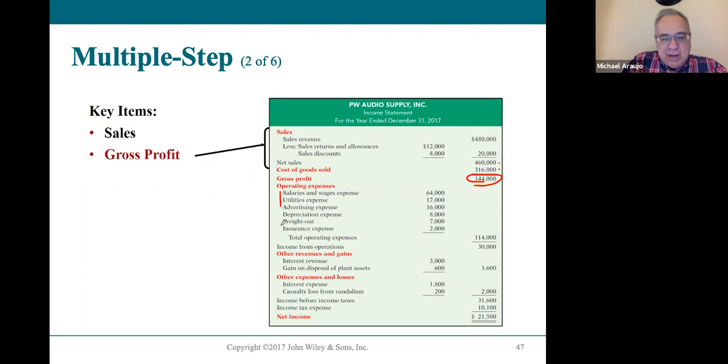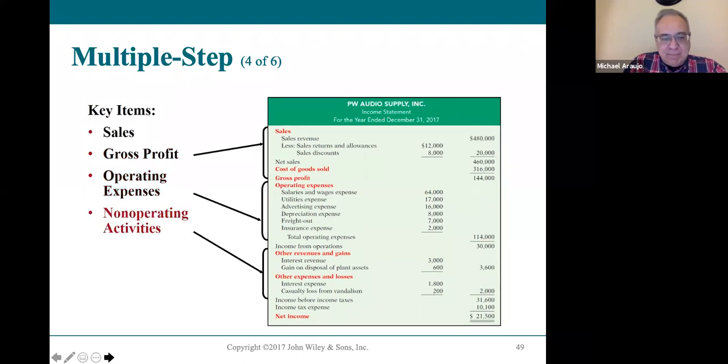Then all the operating expenses for running the main business PW Audio does, selling that merchandise that they sold. That provides them with a profit from their operations of $30,000, as you see here. Okay. But then they obviously do some other stuff, okay, because they have other revenues and gains, which would be added, and other expenses and losses, which would be subtracted, right?